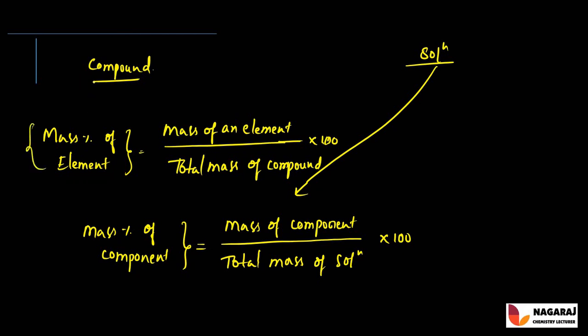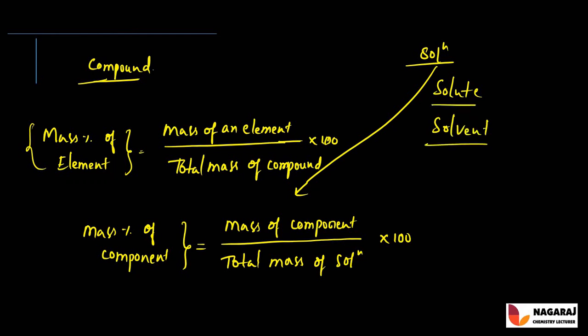One is for the elements present in the compound, that is the mass percentage of the elements present in the compound. In that case, use the formula: mass of an element divided by total mass of the compound into 100. And in the case of solutions, solutions mainly contain two components, solute and solvent.